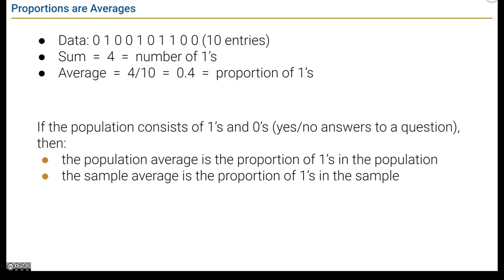So it turns out that if your population consists of ones and zeros, we've called that in the past a Bernoulli distribution, then the average of your sample from that type of distribution is actually the same as the proportion of ones in the population.